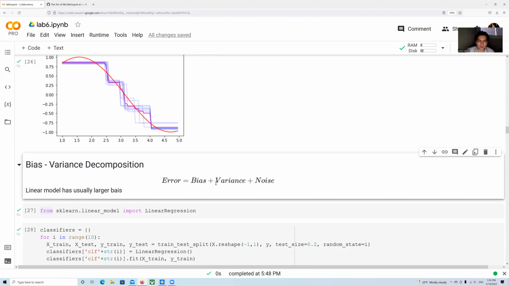How can we eliminate or reduce variance?